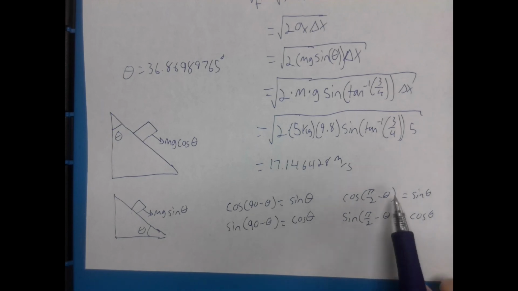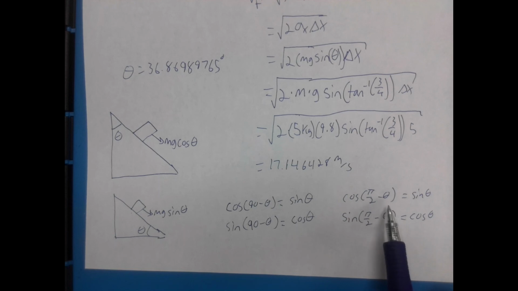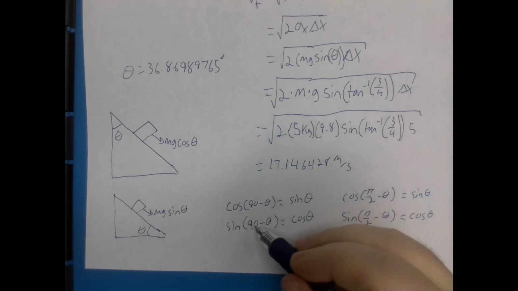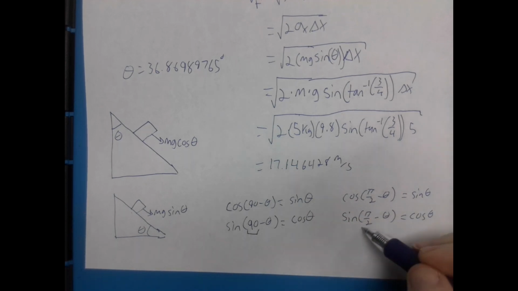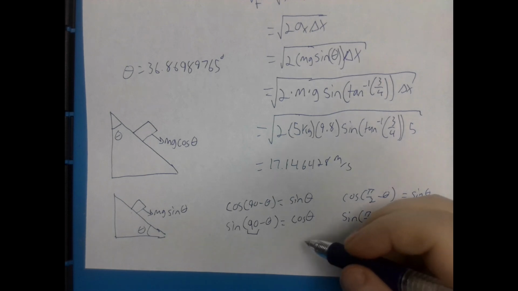So you have to make sure you know whether your theta is in degrees or radians. But if you can write your answer so it doesn't matter, if you can eliminate trying to use 90 or pi over 2, that's the best thing to do. And in most sciences, we do use radians. Do you know why?